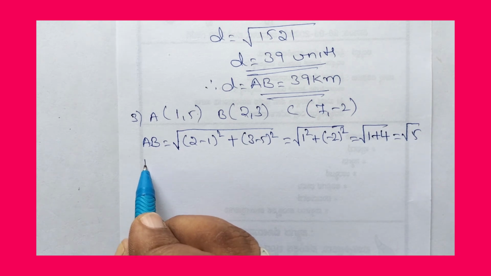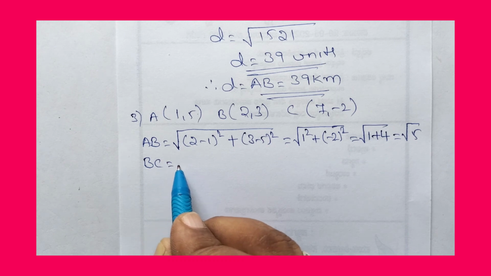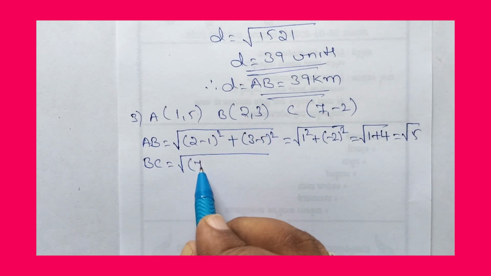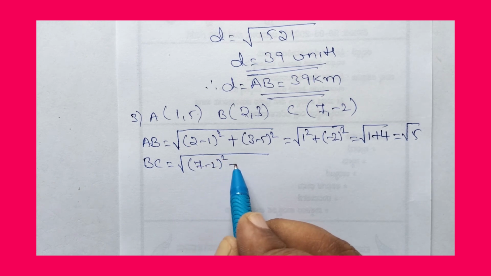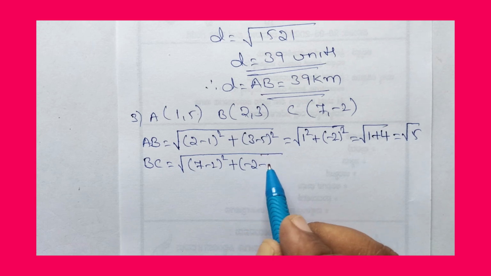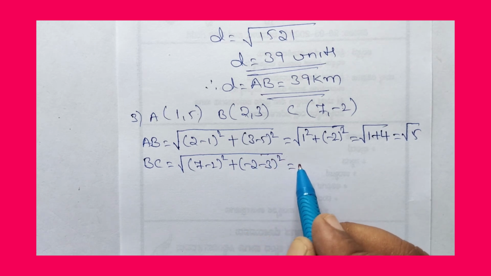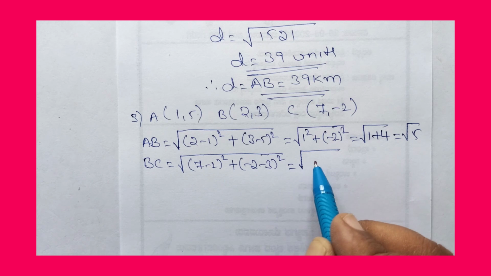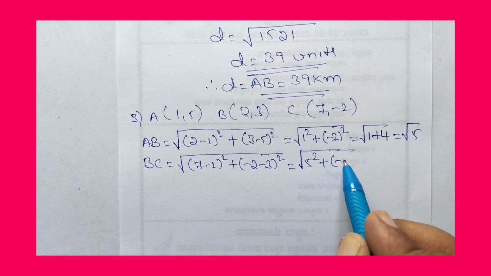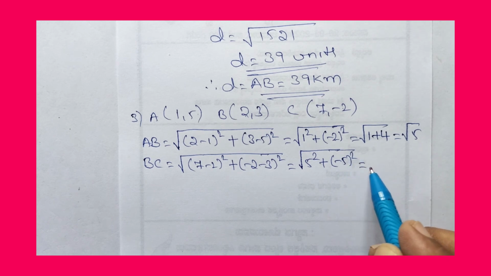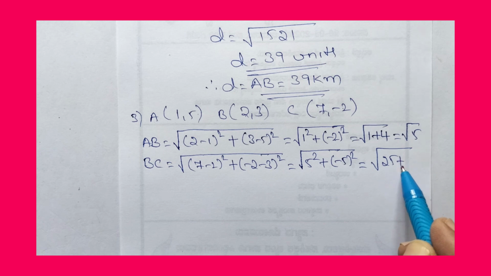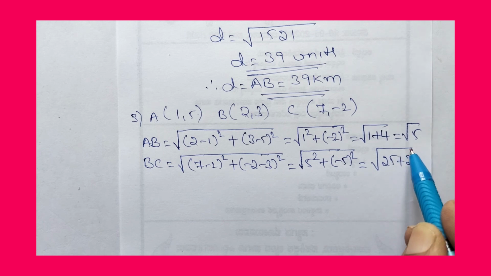After AB, let us find out BC. So BC is equal to square root of (7 minus 2) whole square plus (minus 2 minus 3) whole square, which is equal to square root of 5 square plus minus 5 whole square. 5 5s are 25, minus 5 2 times also becomes 25.